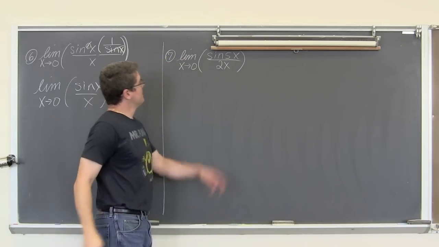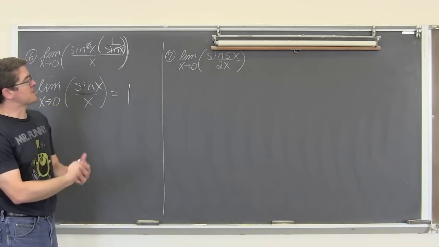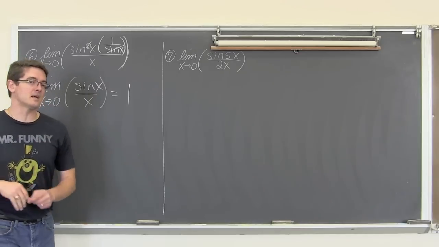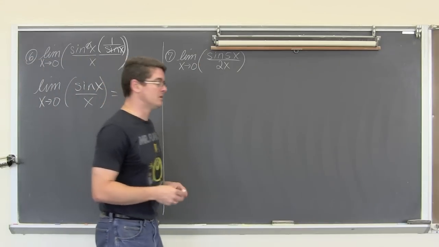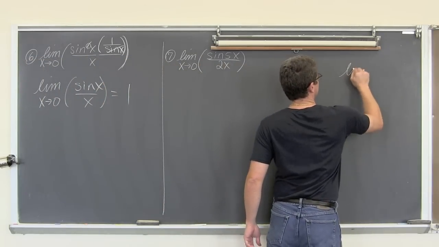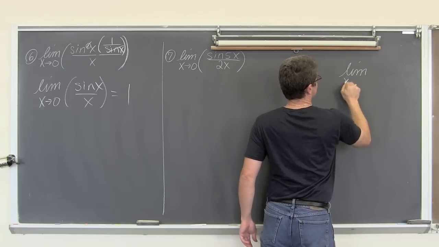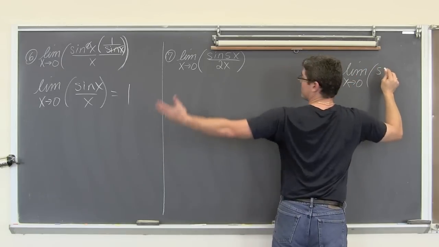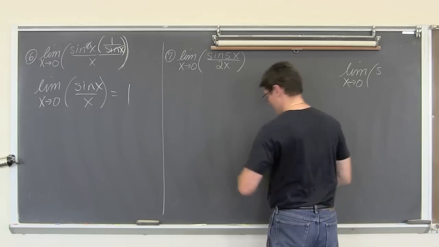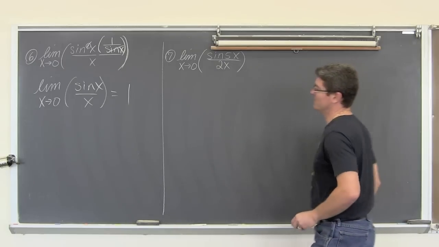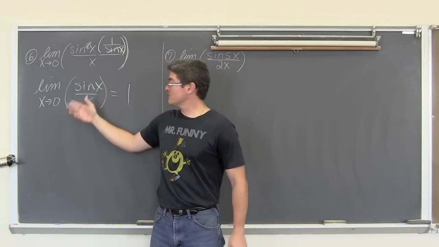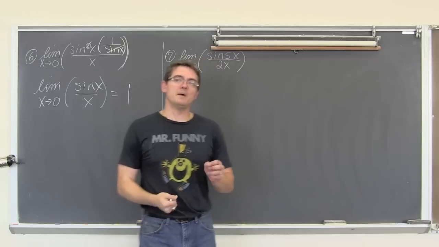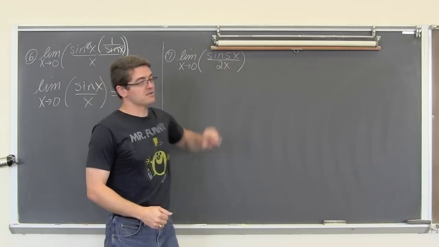Next example. The limit as x approaches 0 of the sine of 5x over 2x. This looks very similar to the limit as x approaches 0 of sine of x over x, which is equal to 1, but this is not an exact match.